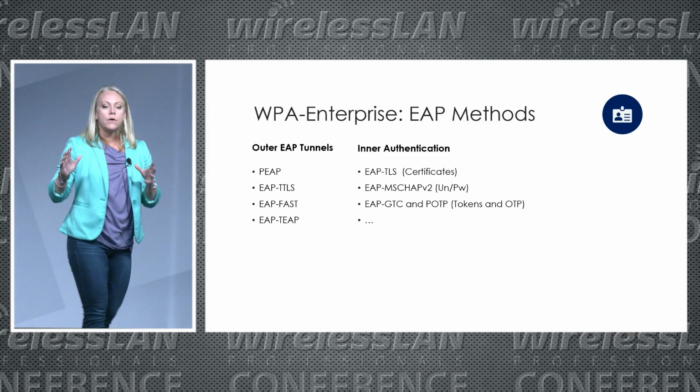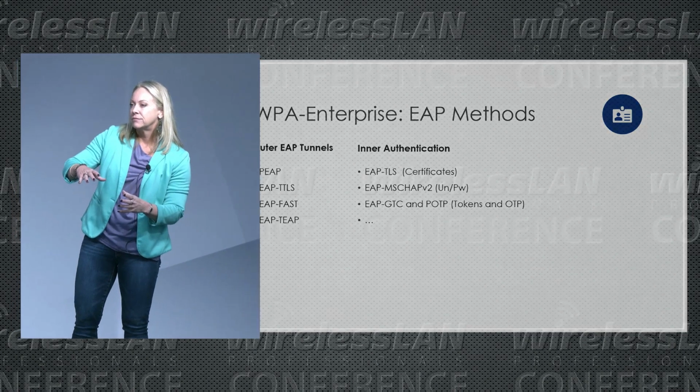So that EAP outer tunnel is kind of like establishing a VPN tunnel. It's just making a secure tunnel. Most of the networking protocols we've been using weren't designed to be used over untrusted networks, and they're not encrypted, or there's some type of credential exposure.